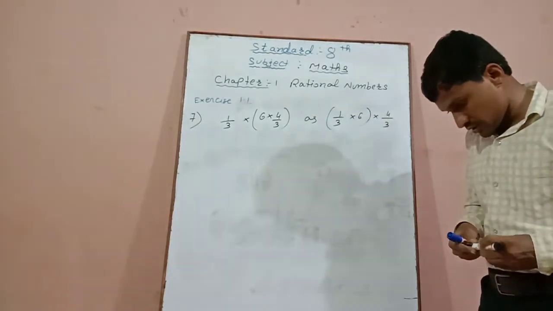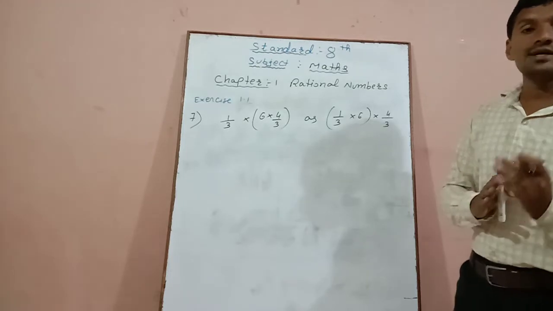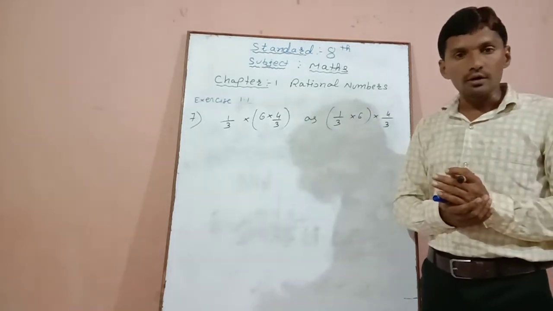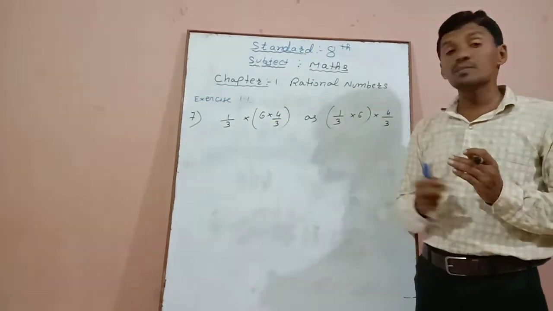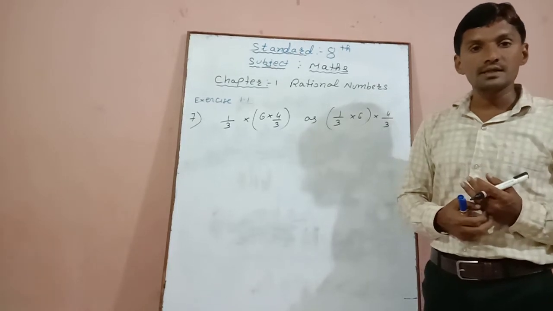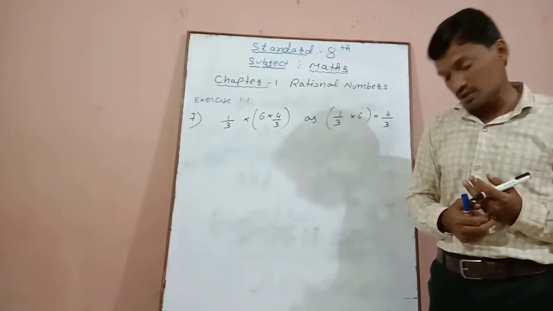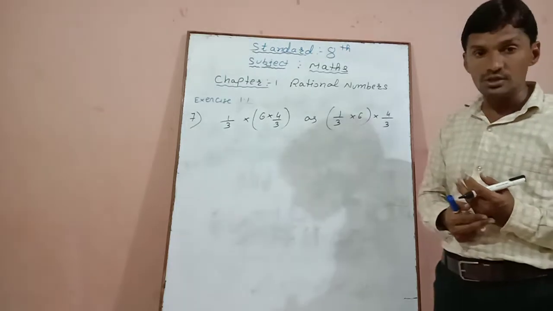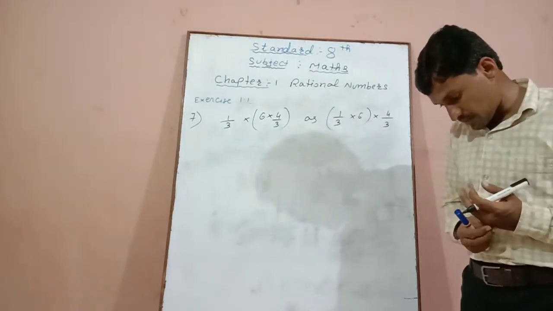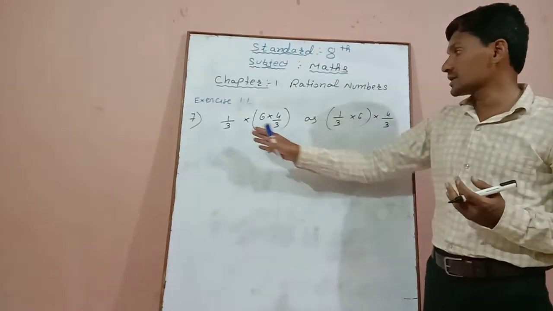That means in question number 5 we have studied that if there is a changing of order but the numbers are the same, then we can say it is commutative or associative. Both properties are applicable. So let us check here also.